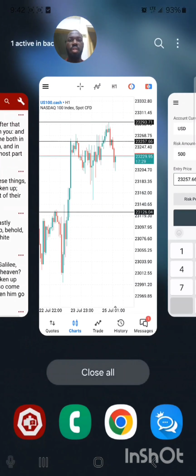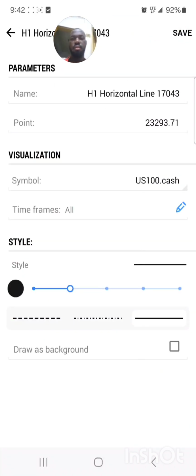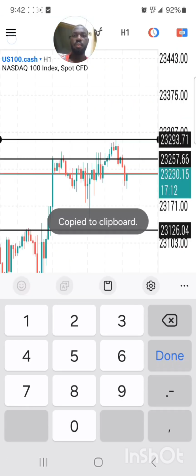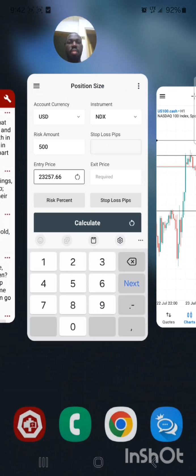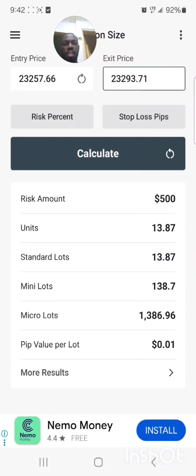Then the exit price, which is the stop loss, is this level here. So we copy it, go back to our Forex calculator, and I'll paste, then we'll press calculate.